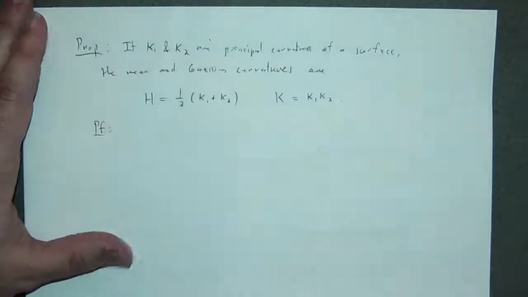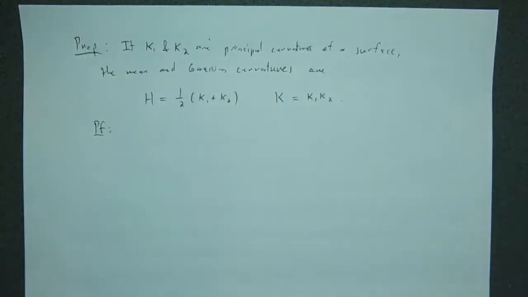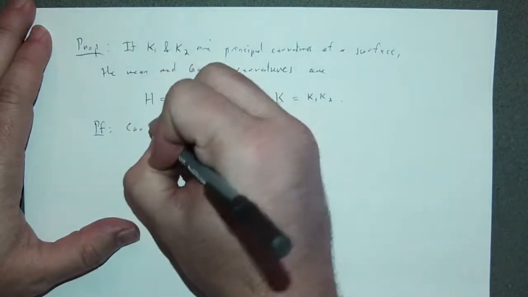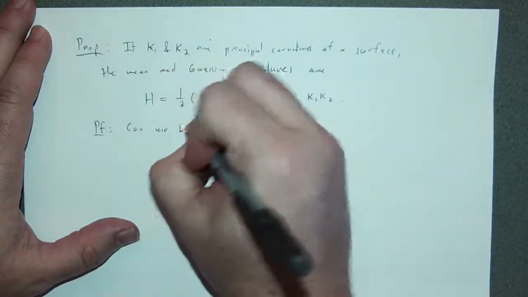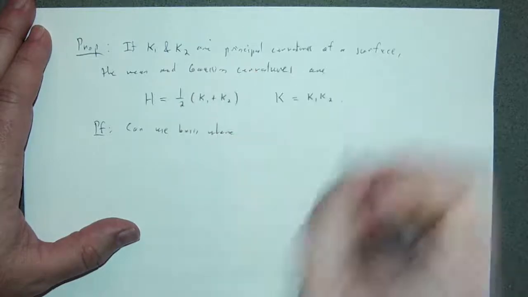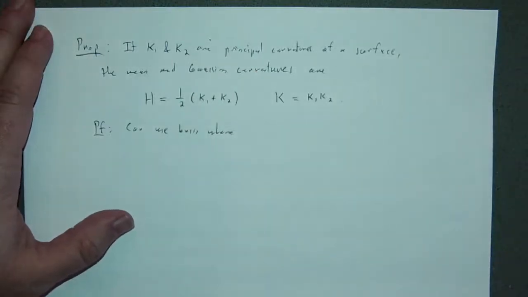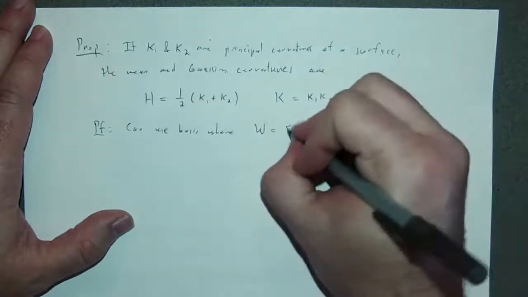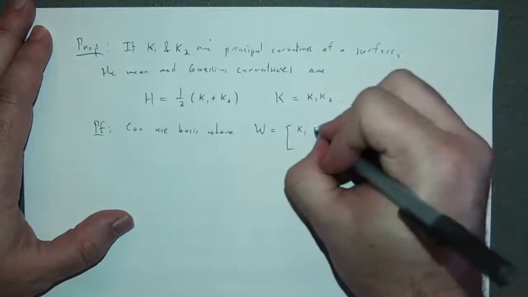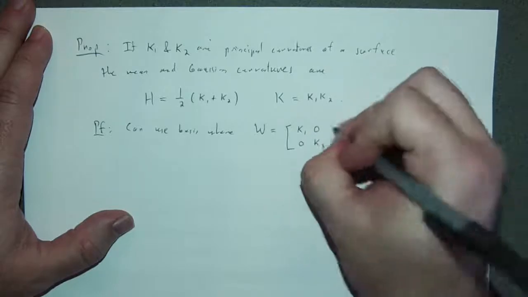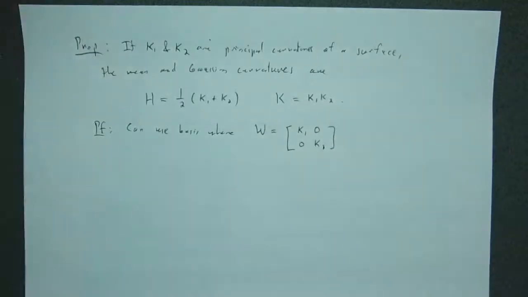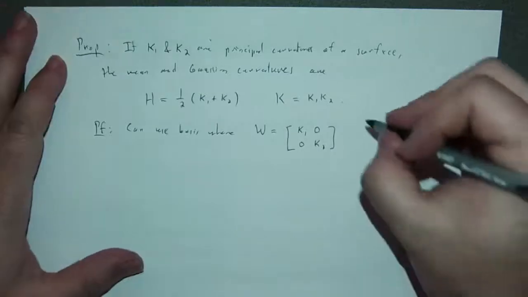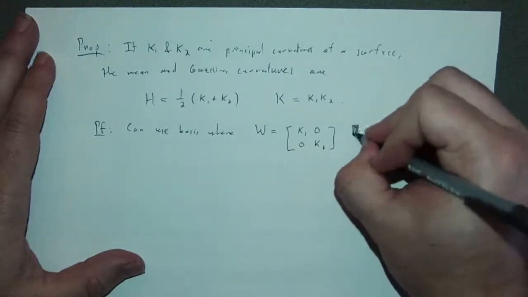Now, if you remembered your linear algebra, you'd have probably seen this almost immediately here. So the second we have this eigenvalue decomposition, or this diagonalization of W, we can use the basis that we got from the previous corollary, and set it up so that the matrix for the Weingarten map is exactly this diagonalized matrix containing the eigenvalues, which are these principal curvatures. So there you go.